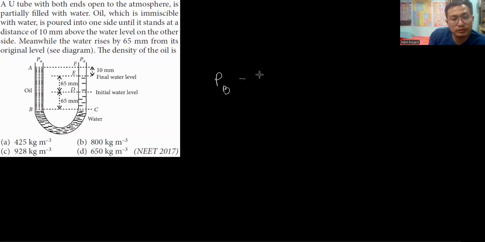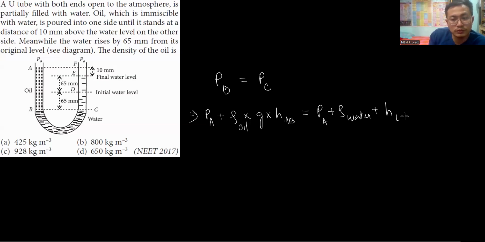Pressure at B should be equal to pressure at C. Now pressure at B is the atmospheric pressure plus rho of oil into Z into height H. And at C, the atmospheric pressure plus rho of water into Z into height HC.